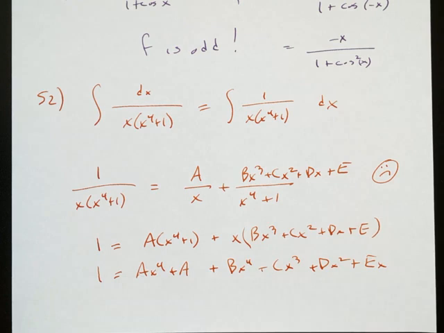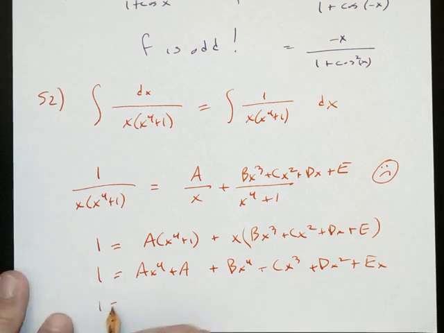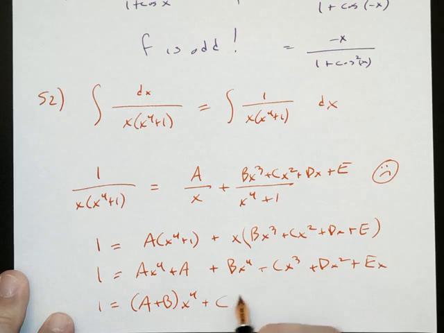Gather your like terms. On the right, a plus b, x to the fourth, cx cubed, dx squared, ex, and a.